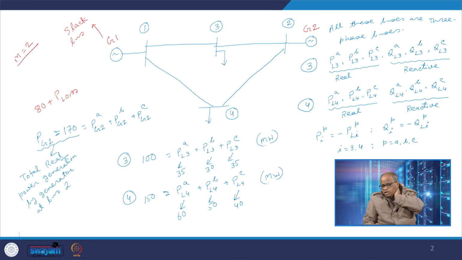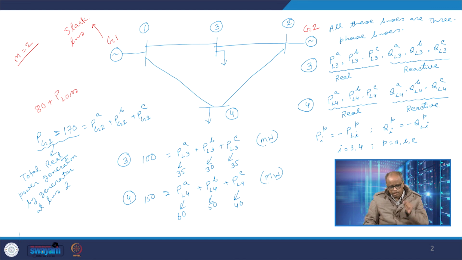As a result I also do not know the actual generation by generator 1, which I can calculate only after the load flow is solved, that is, only after I know all the bus voltages of the system.